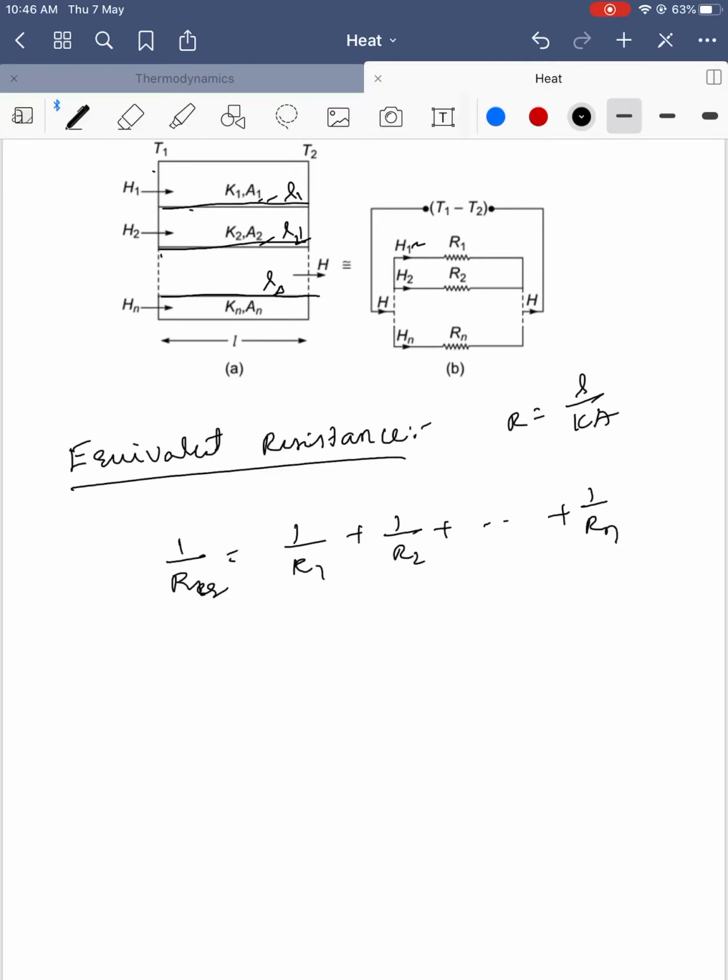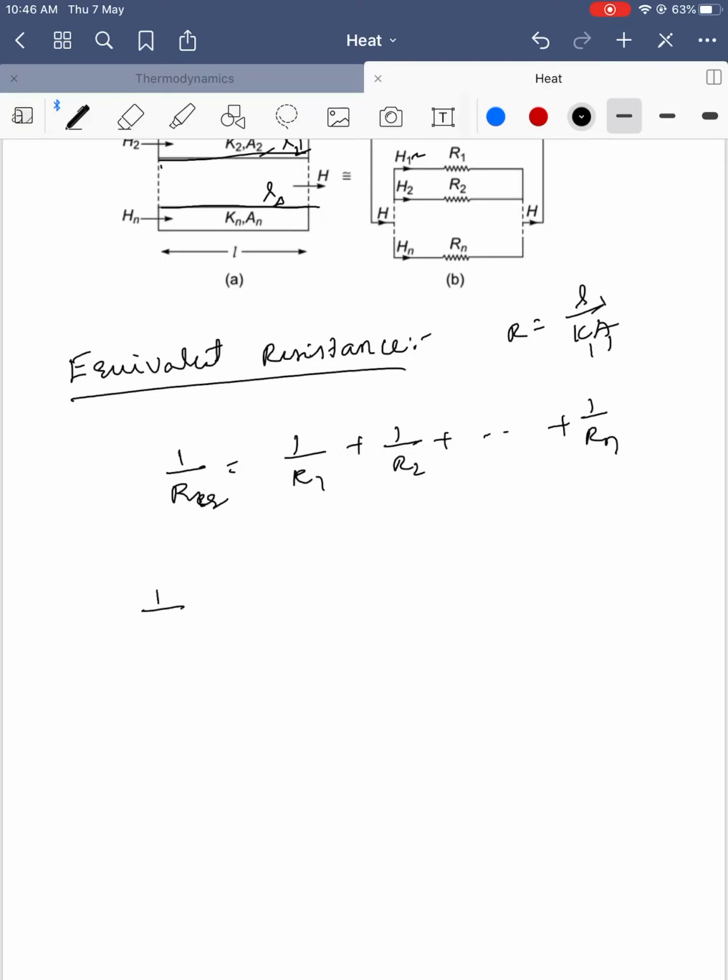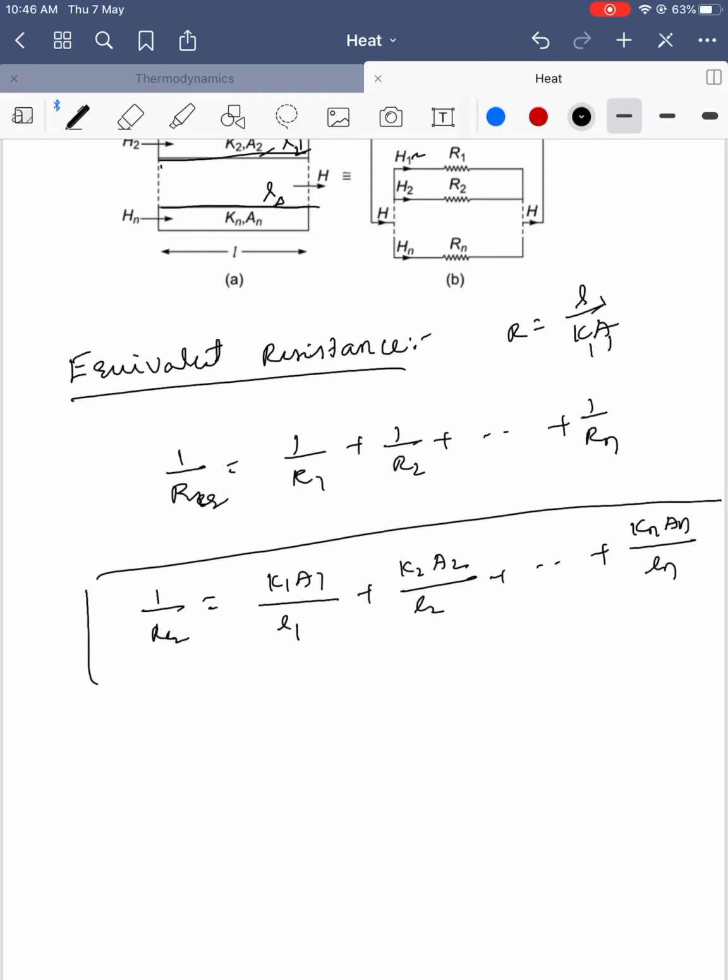Nothing to worry, at the end you will come to know L1, L2, L3 everything is the same. So 1 by R equivalent is equal to K1 A1 by L1 plus K2 A2 by L2 plus and so on plus Kn An by Ln. This is the equivalent resistance.